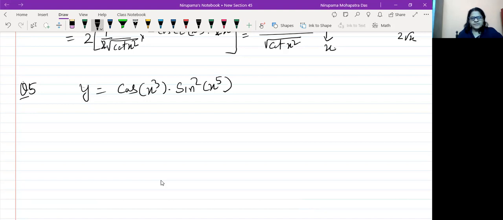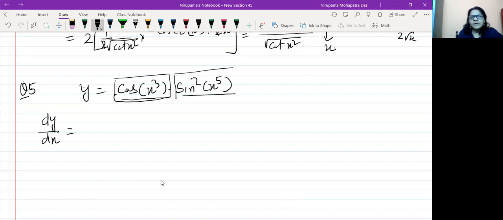This is the question. First of all you have to see we have a product of two functions. While taking dy by dx, the first step is to apply the product rule, and within the product rule, if applicable, we can apply the chain rule.